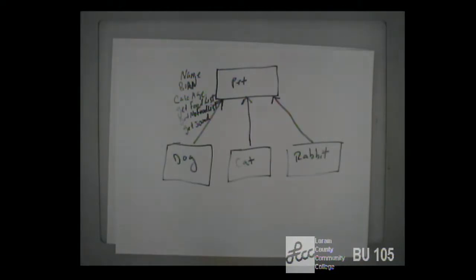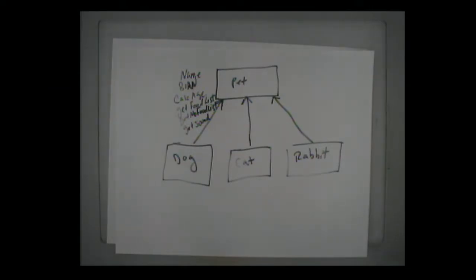People have pets, to be sure. We could form a list of the pets that everyone in this classroom has. But people don't have things that are only pets. People have things that are a subclass of pets.